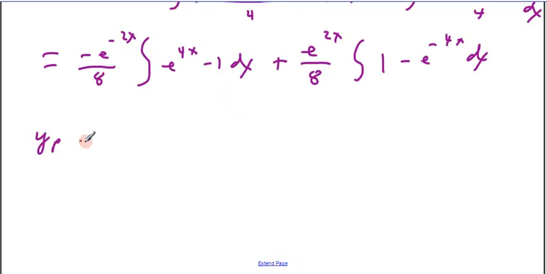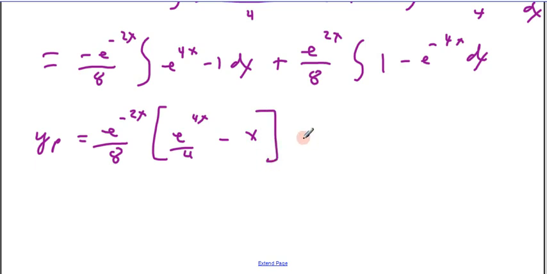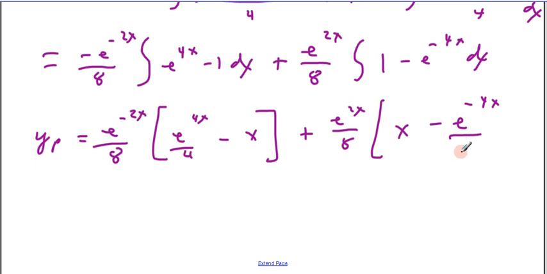Y sub p is equal to e to the minus 2x over 8. This is e to the 4x over 4 minus x, plus e to the 2x over 8 x minus e to the minus 4x over minus 4, and we're going to do it that way.